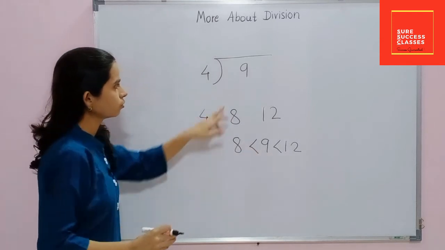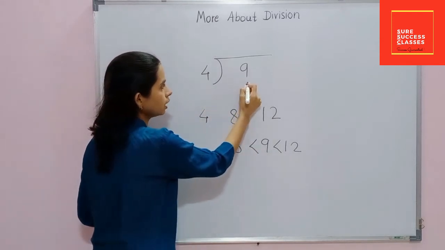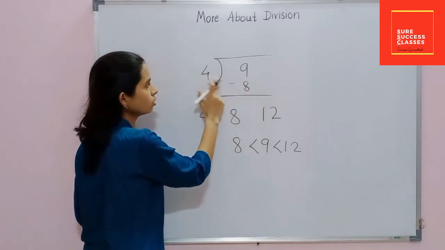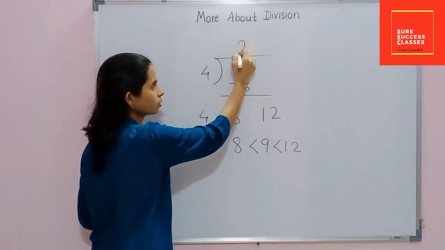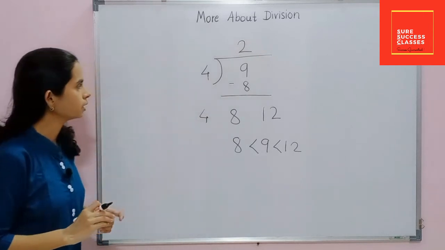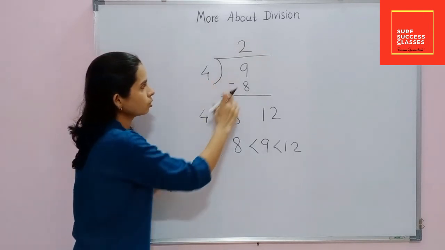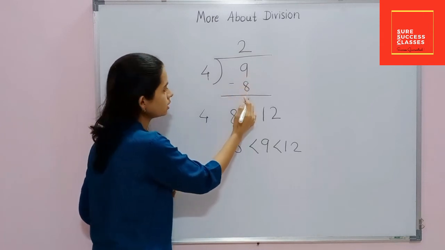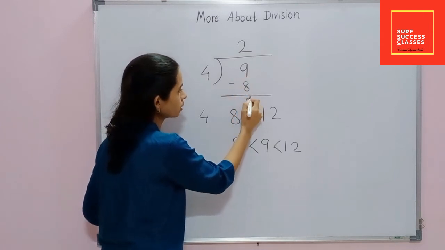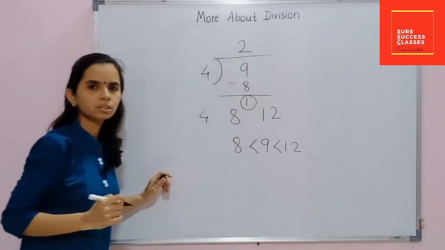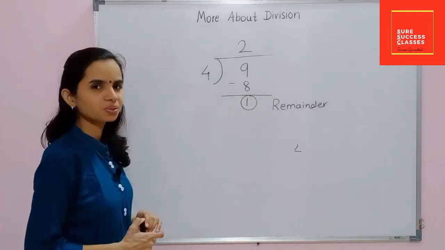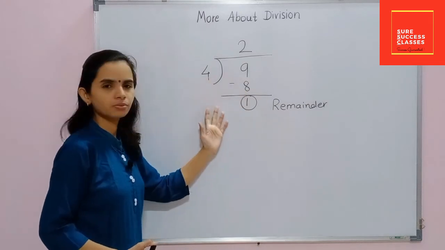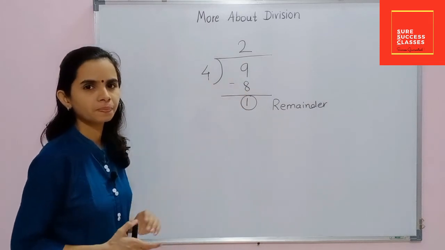So here we will put 8 minus 8. 4 twos are 8, the quotient will appear here, and the result of this subtraction is 9 minus 8 is equal to 1. This 1 is nothing but the remainder. Students, remainder is nothing but the left part of this division.